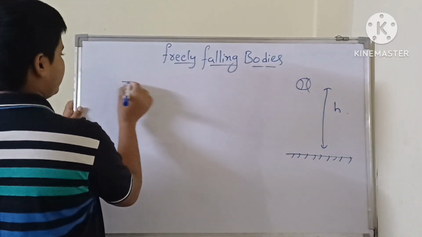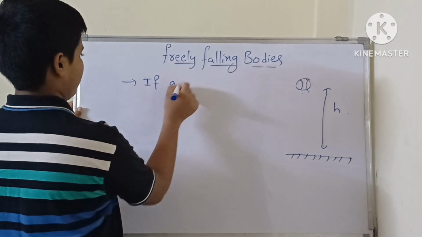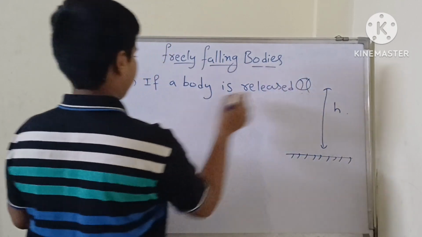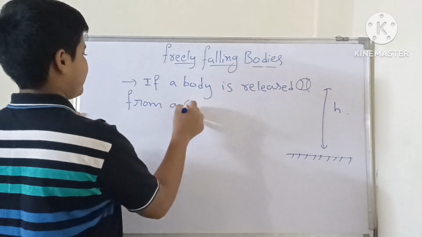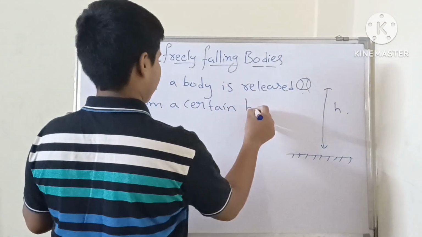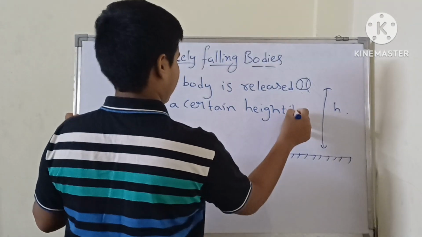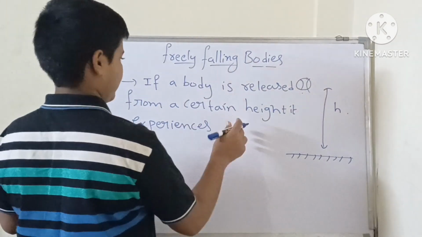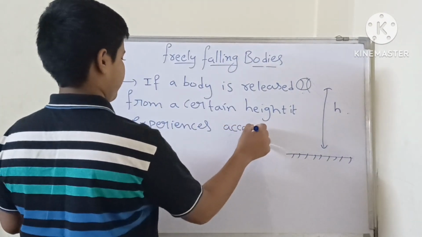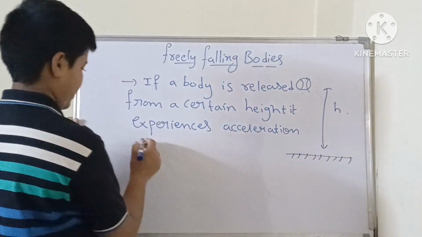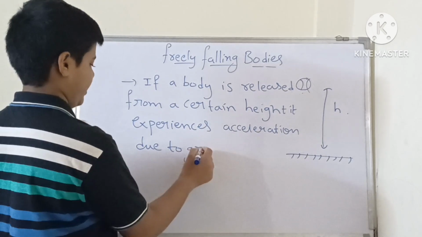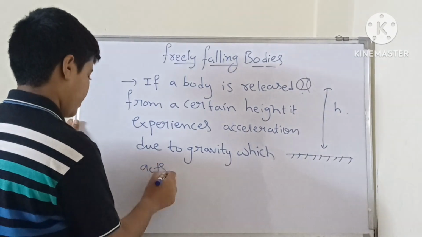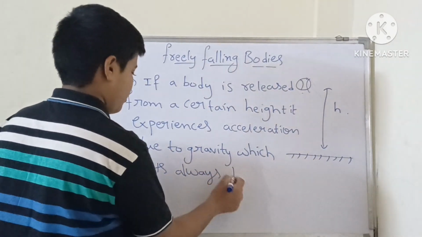And here the first point is, if a body is released from a certain height, it experiences acceleration due to gravity, which acts always downwards.